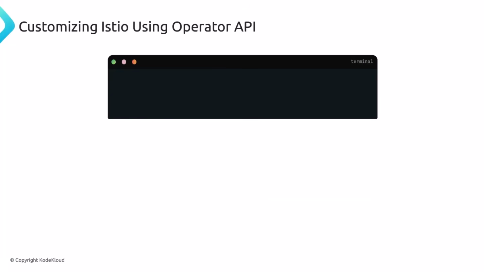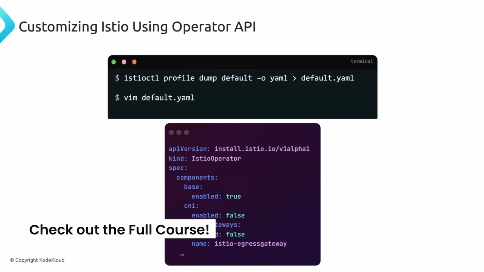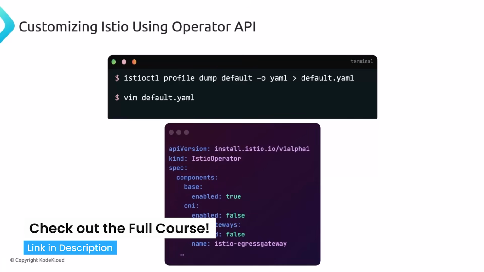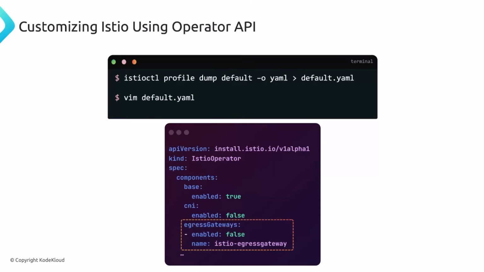Now in the ICA, you will most likely be asked to make adjustments to Istio using the Istio operator. For example, they might ask you to install Istio and enable the egress gateway, which means you need to change this from false to true. Or they might ask you to give it a different name than istio-egressgateway, for example.